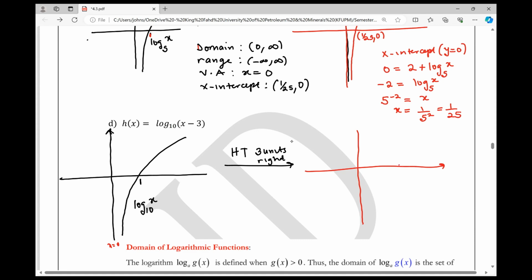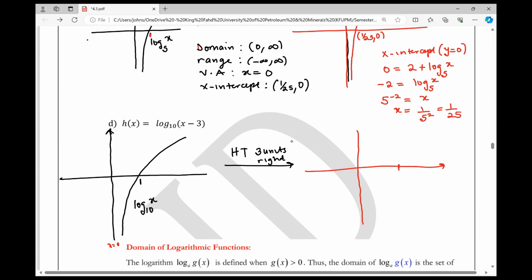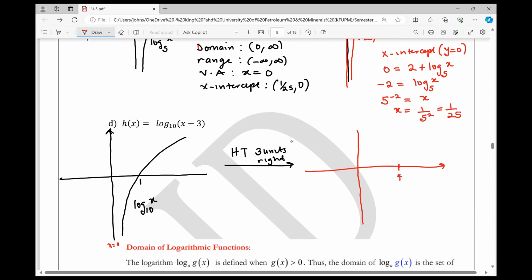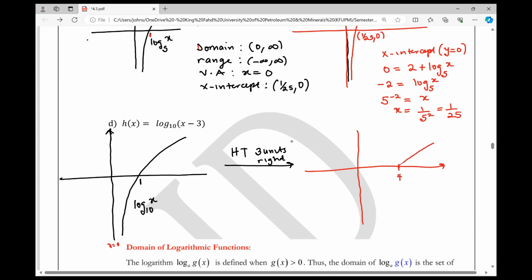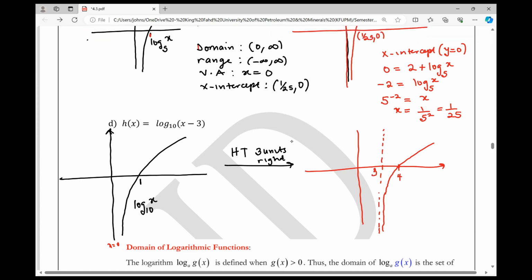It will move from 1 to 4. So it means you are going to cross at 4. But when you cross at 4, the distance between where you are crossing and your asymptote is going to be 1 unit, right?